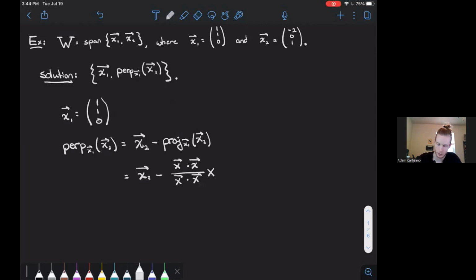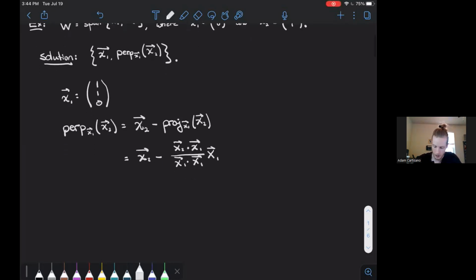We need to subtract off an x1 component, so it's x2 dot x1 divided by x1 dot x1, all times x1. We need to subtract off something that's happening in the x1 component, exactly the right amount so that the only thing that remains happens in some new orthogonal direction. That's this.